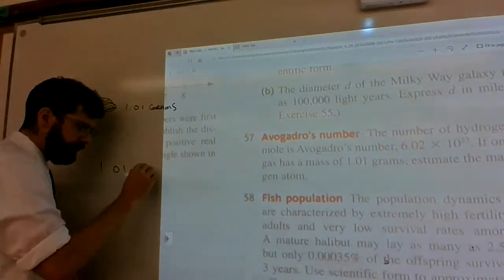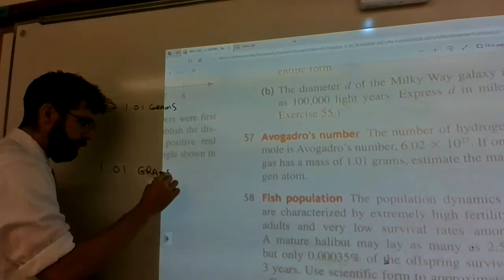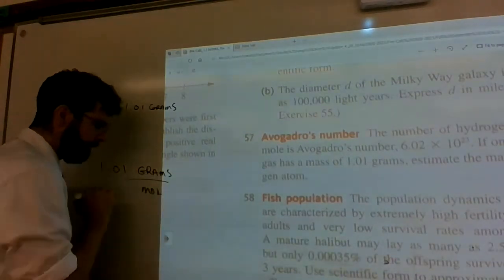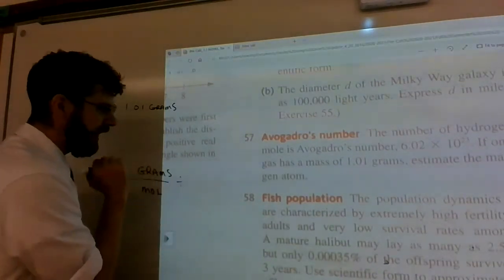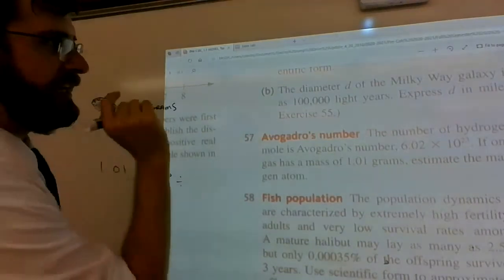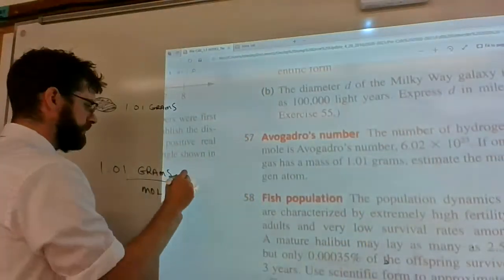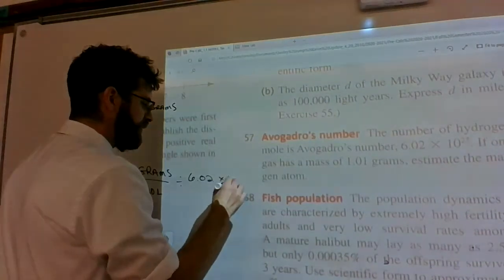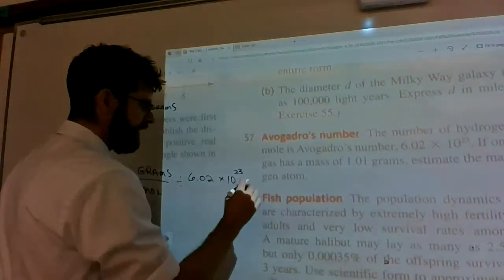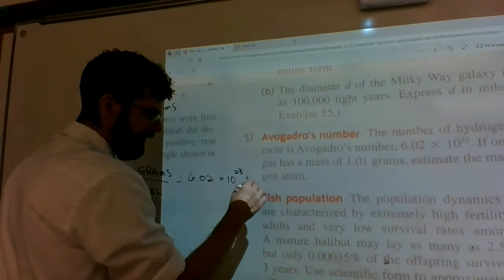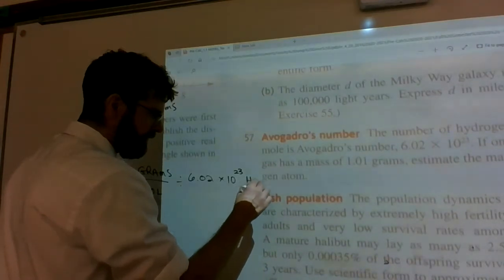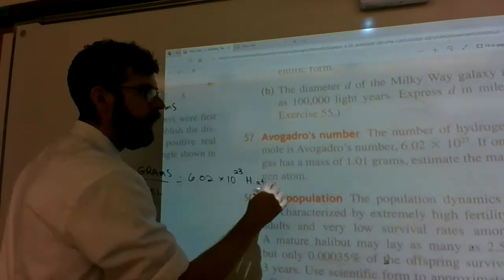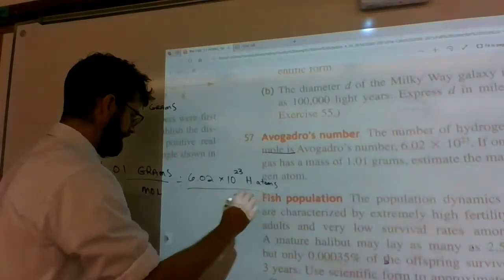1.01 grams per mole divided by 6.02 times 10 to the 23 hydrogen atoms per mole.